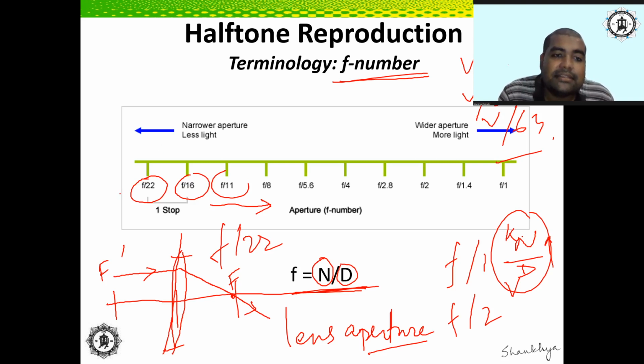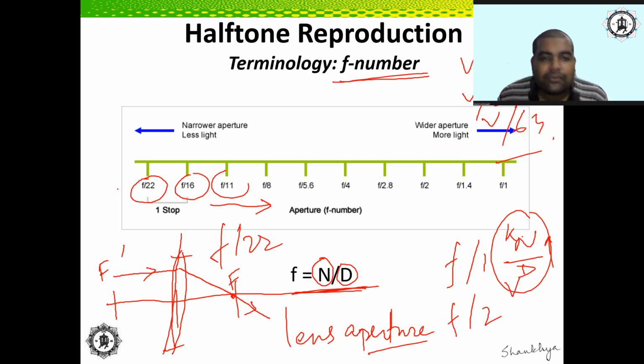Basically what we see is when we change from one level of F number to the next level of F number, we say that we change the F number by one stop, where we may be either increasing the stop or decreasing the stop. So when we are decreasing the stop, the F number is reducing, and if the F number is reducing, that means it will allow more light to enter into the camera, right?